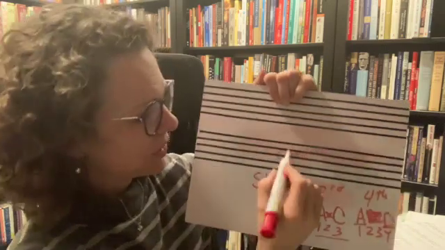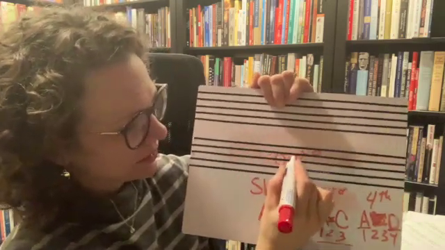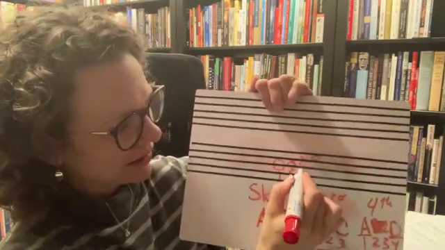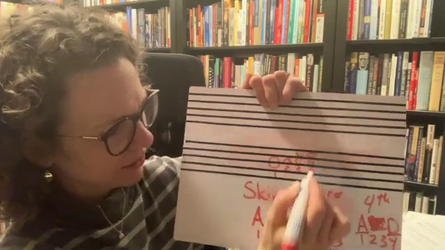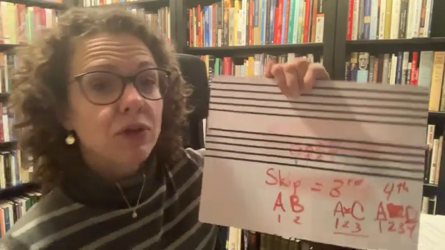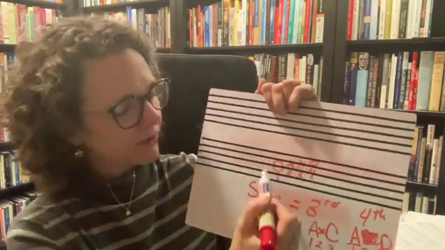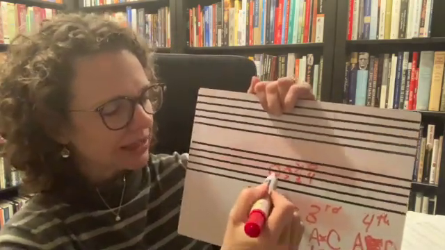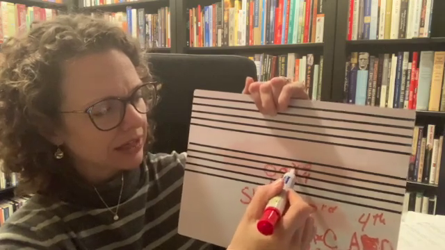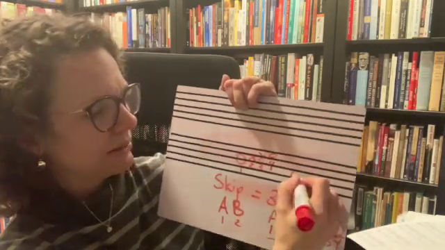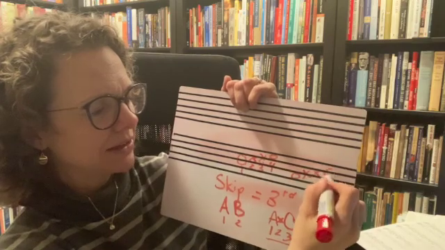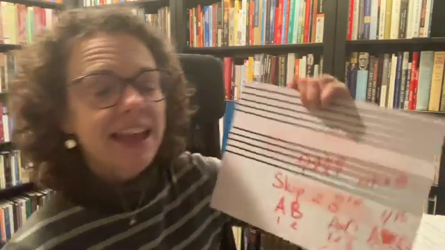Just count. So you have 1, then the space is 2, the line is 3, the space is 4. So if you're counting letters, it's 4 letters. If you're counting on the staff, you're going line, space, line, space.